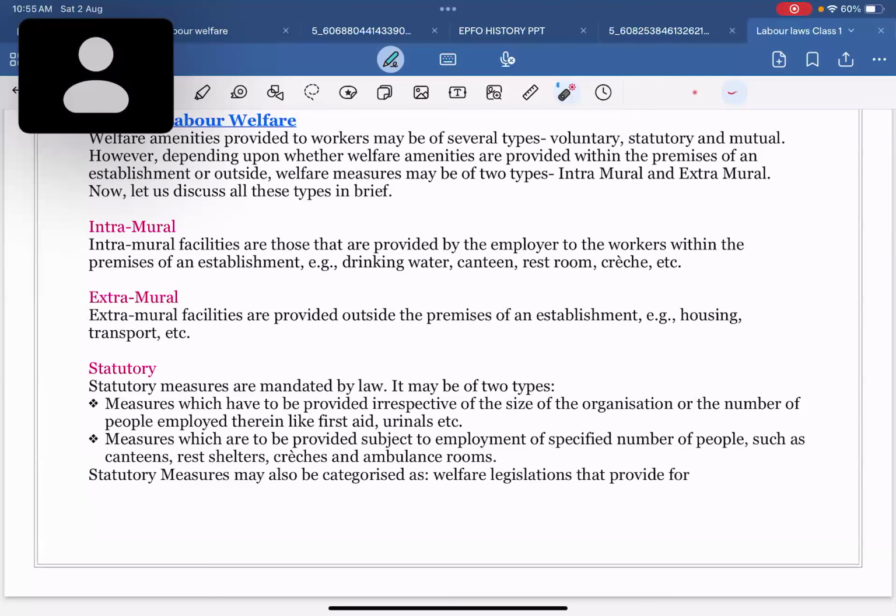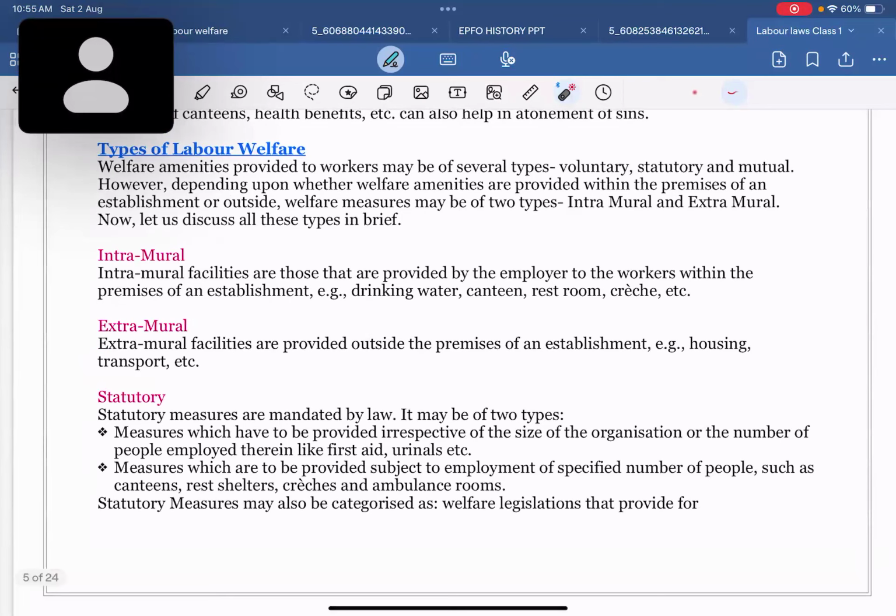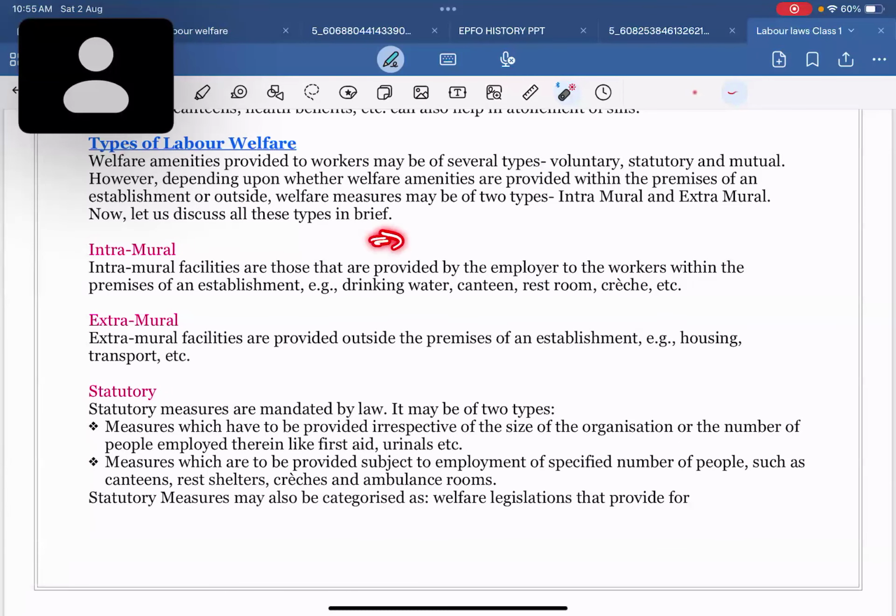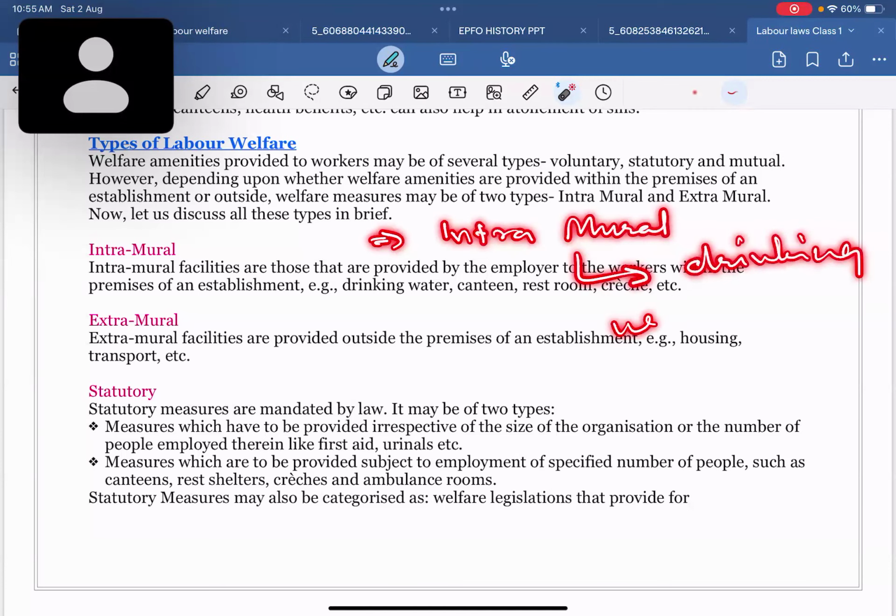Understand one thing. How will you make notes of these things? Short. Just write one thing: write intramural and write drinking water, then write canteen, restroom, such things. Okay?